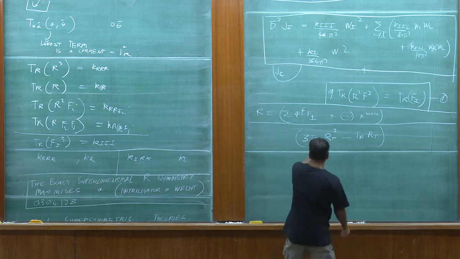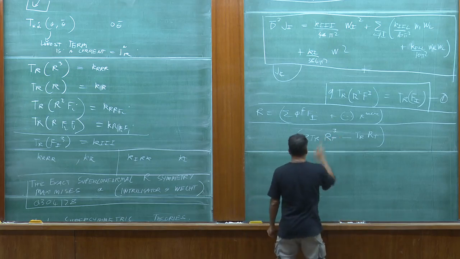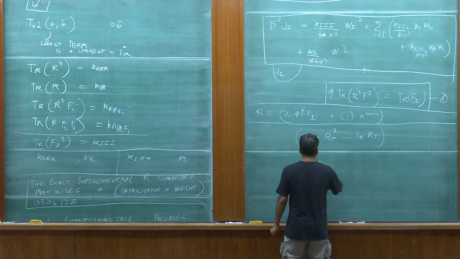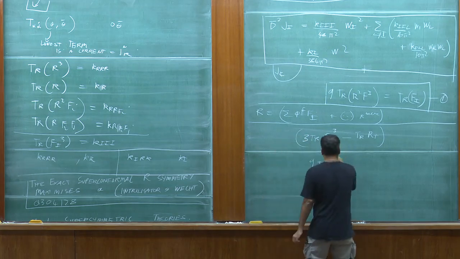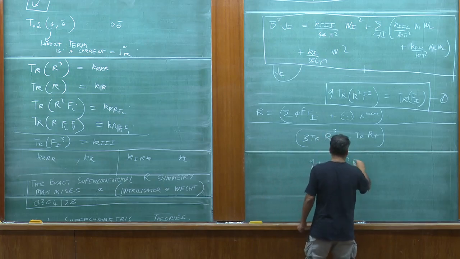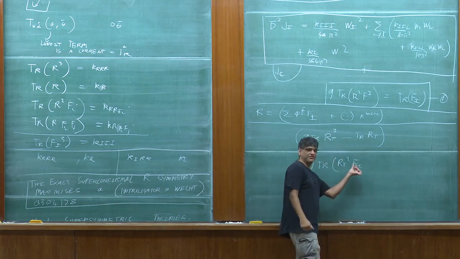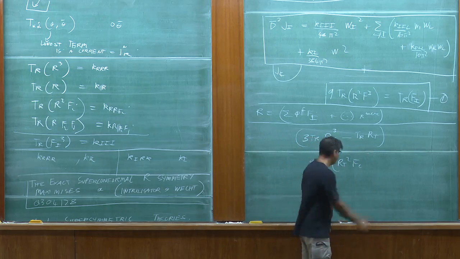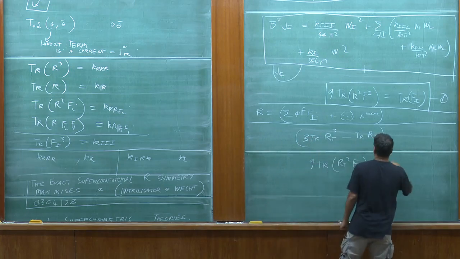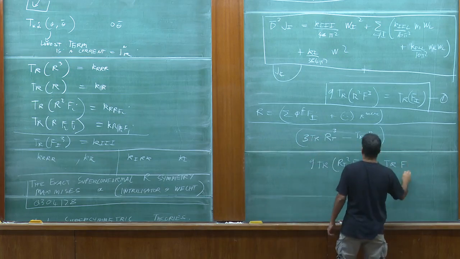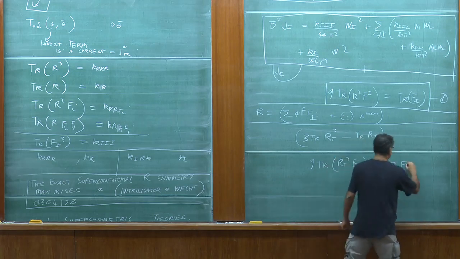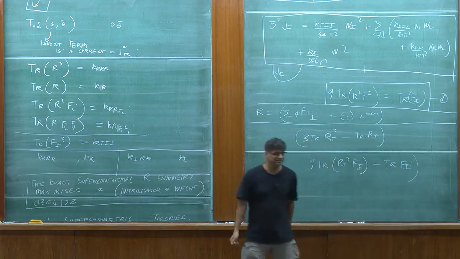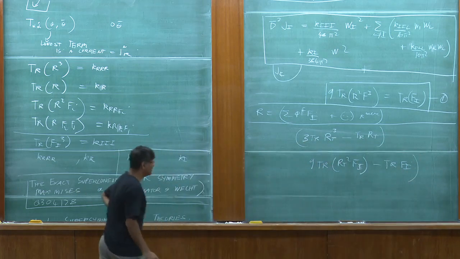When I differentiate, this factor of 3 gives me a 9. I get trace R_T squared Fi, because I've just changed the coefficient in front of that one Fi, minus trace Fi, is equal to 0.